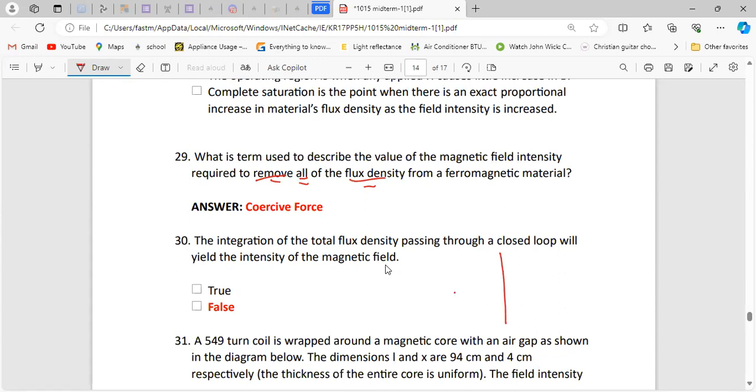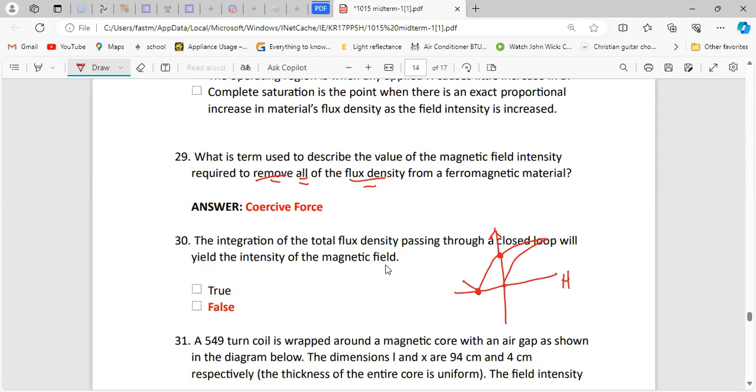So like the point of coercivity. That's like before when we had it going up here and it came back. So this is retentivity. And when it goes back to zero here, this point is called the coercive point or the coercive force. It's basically the amount of H needed, and by extension the amount of current needed, to remove all the flux in the material.